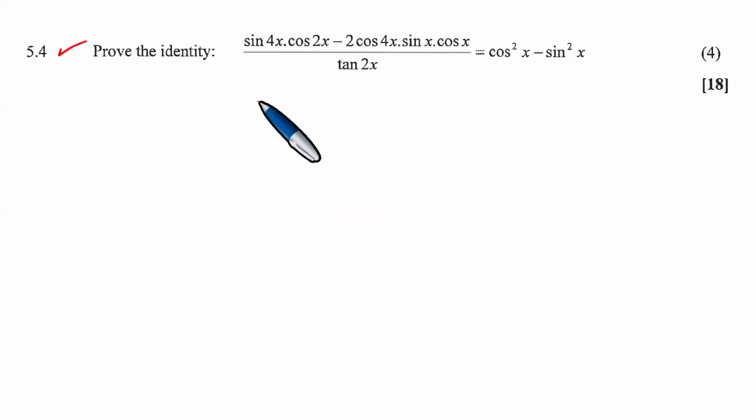Just to familiarize you with the question, we have been given sine 4x times cosine 2x minus 2 cosine 4x times sine x times cosine x, all divided by tan 2x, equals cosine squared x minus sine squared x. So what do we do here?